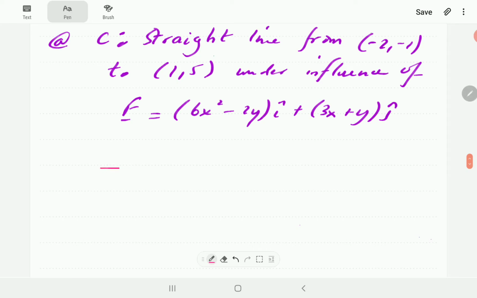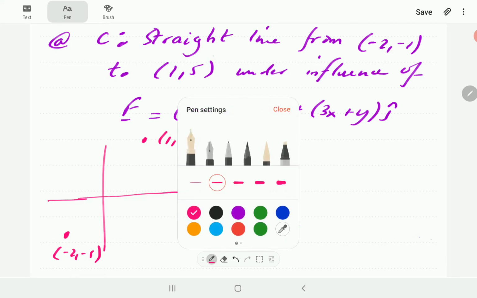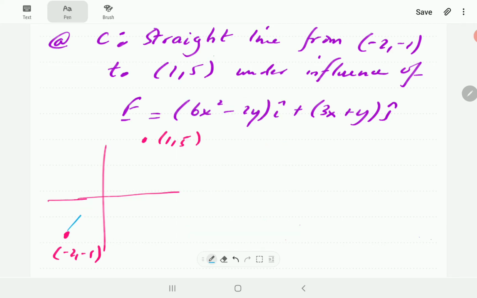So just to make a sketch of the situation, we're going to be working out the work done in moving an object from -2, -1, so maybe somewhere there, -2, -1, to 1, 5, somewhere there, 1, 5. So this is going to be our contour, the straight line.